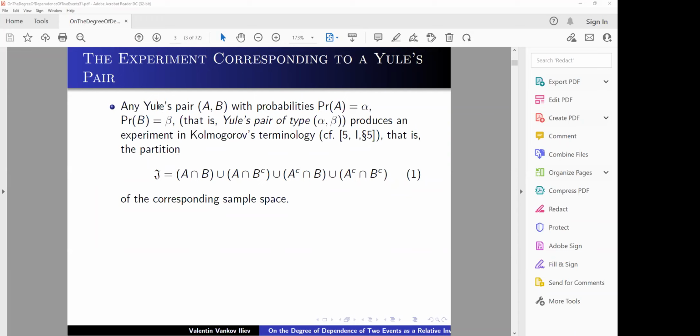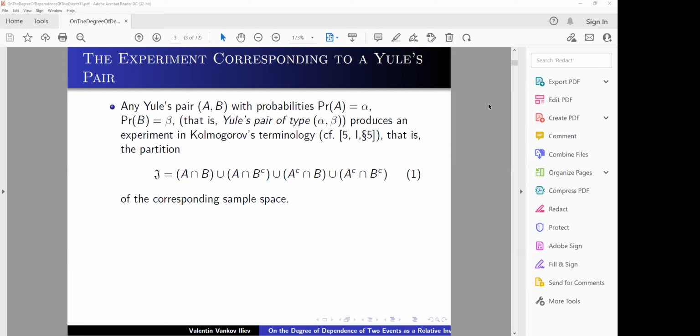This English statistician George Yule first considered two attributed tables, and this is equivalent to considering ordered pairs of events in a probability space. So we denote by alpha the probability of A, by beta the probability of B, and we call this a Yule's pair of type L alpha beta.